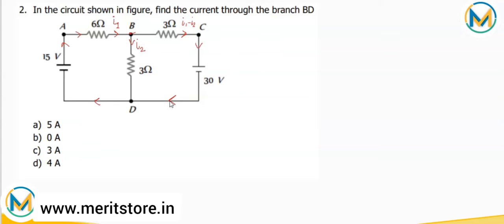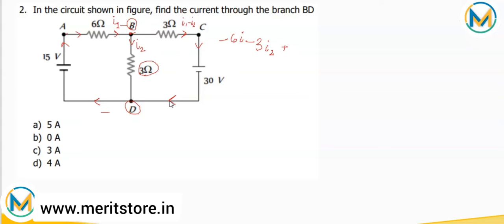Now the currents in the circuit are assumed as shown in the circuit diagram. Applying Kirchhoff's law along the loop A, B, D and again A. Looking here, this resistance is 6 ohm with this current, so it becomes minus 6 I1. Then for the 3 ohm resistance with I2, it is minus 3 I2.